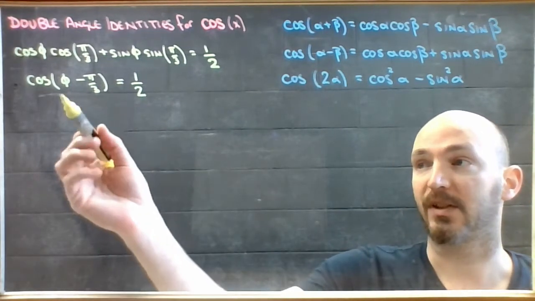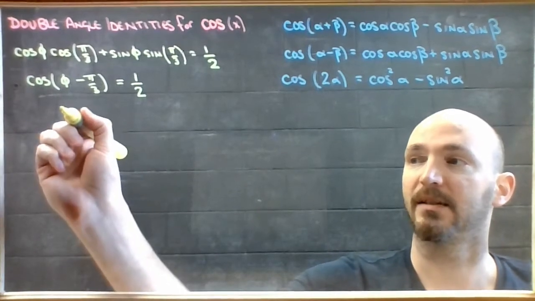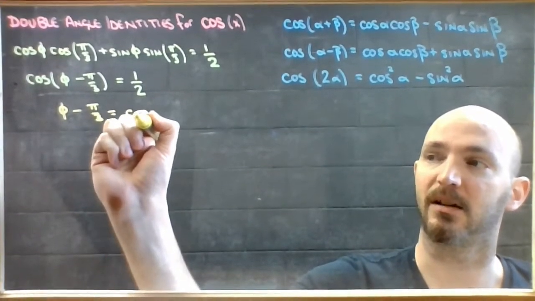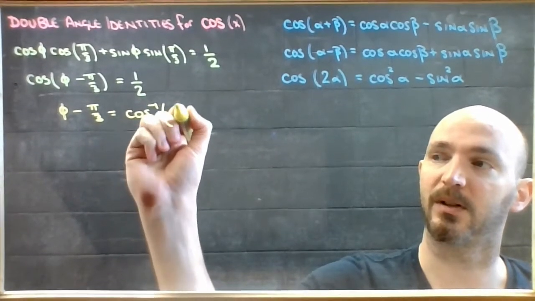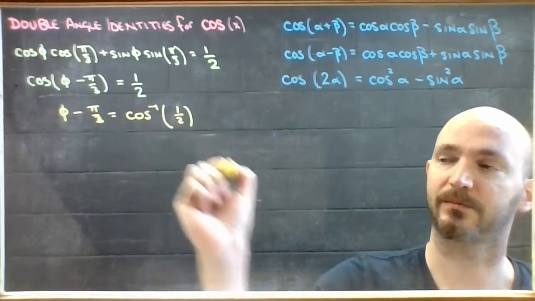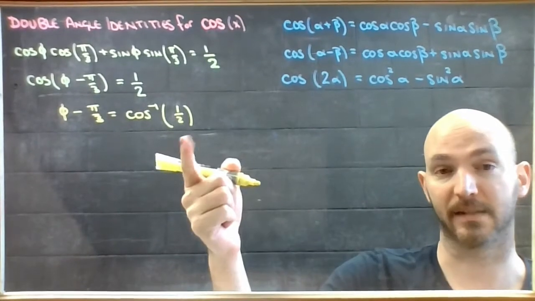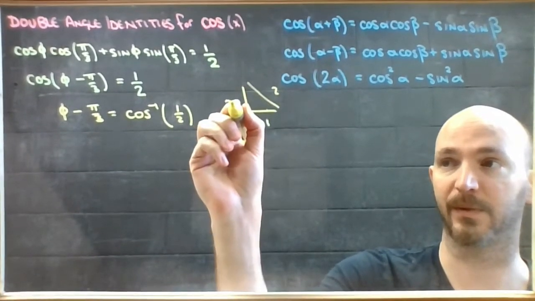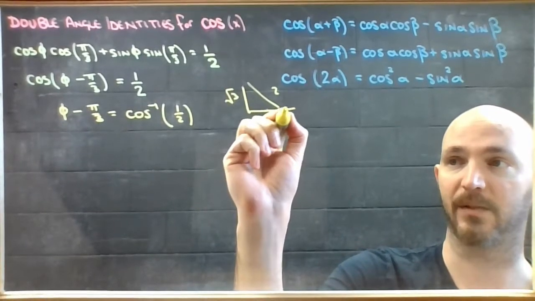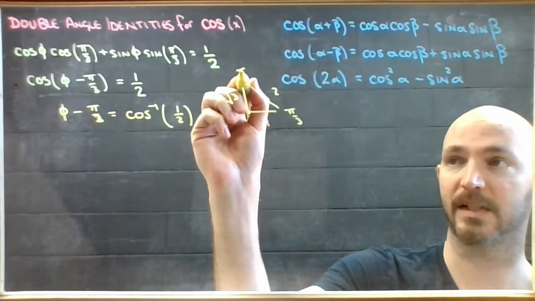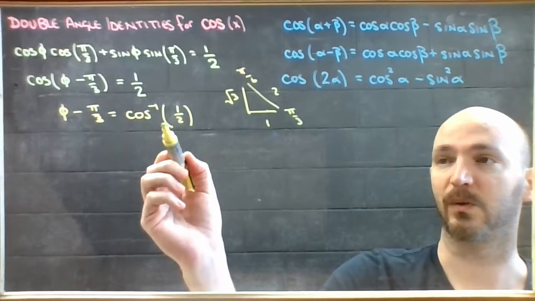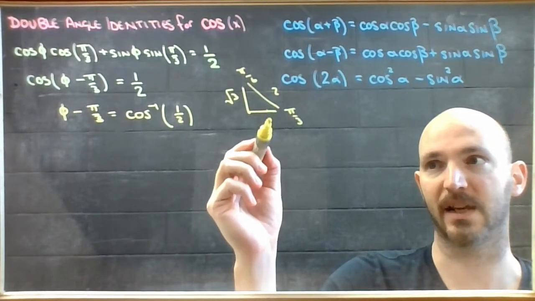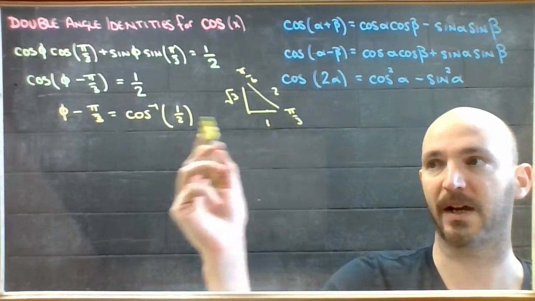In order to finish this, I need to arc cos both sides. So phi minus pi over 3 is arc cos of 1/2. This is, of course, a special triangle value, 1 to root 3. This is pi over 3 and pi over 6. So the angle that has 1 over 2 as adjacent over hypotenuse is pi over 3.